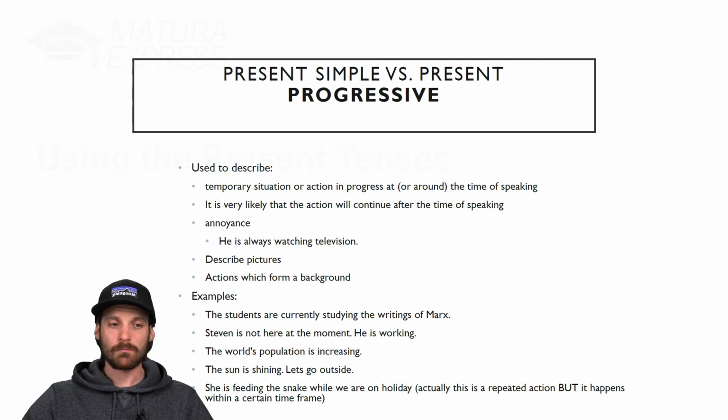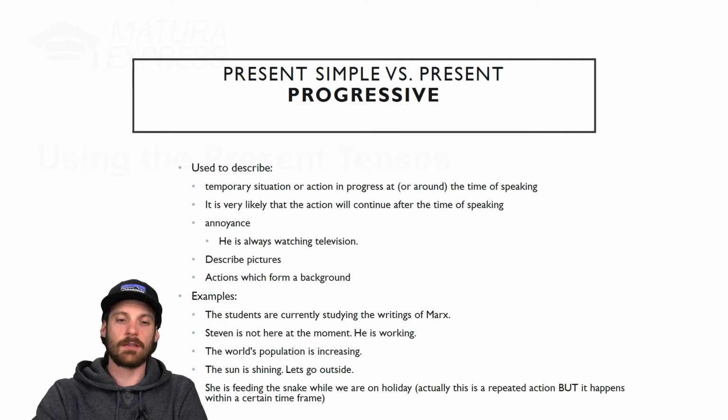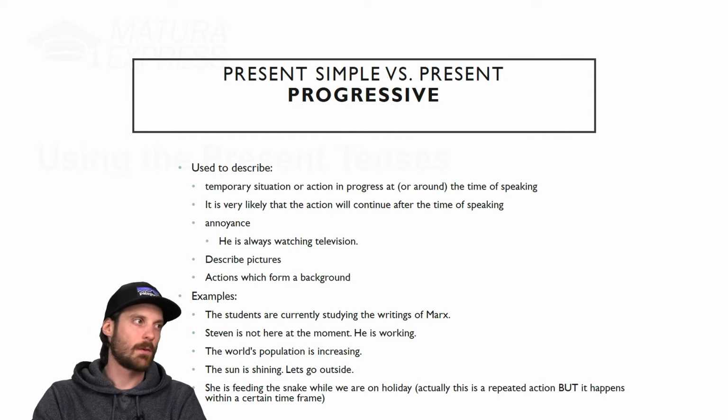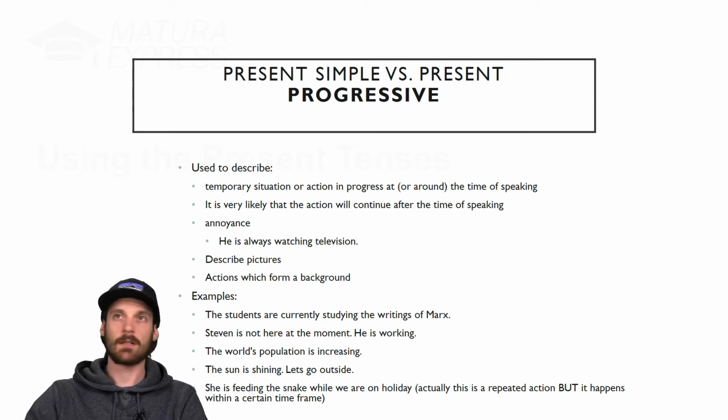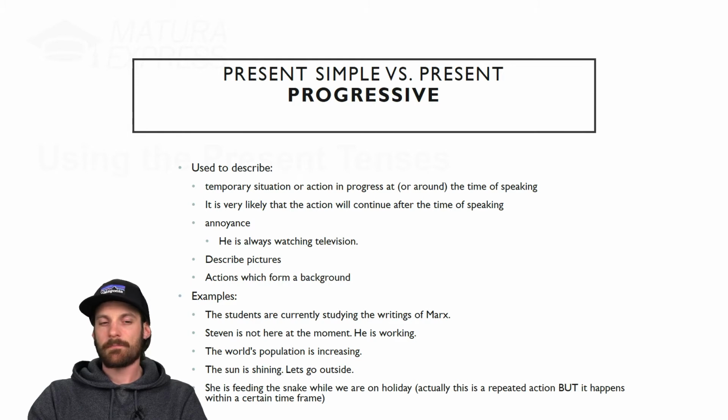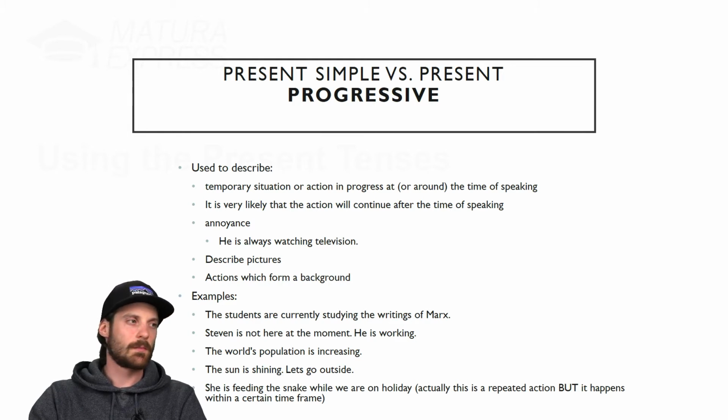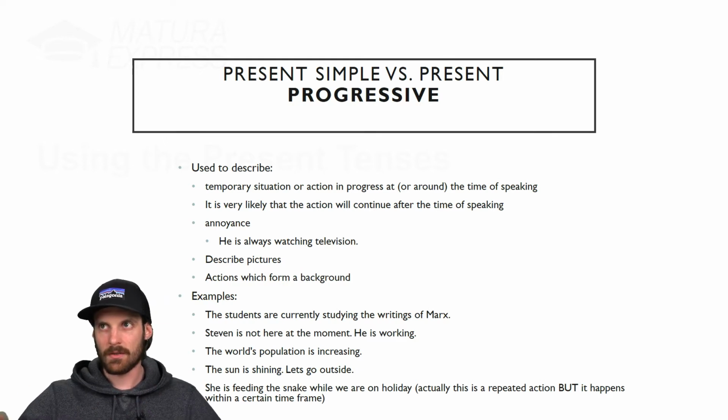In this case, you're using the verb watching with the ing form, progressive, continuous. You also use it to describe pictures. You actually can't see a picture right now, but the man standing at the front, or the woman sitting at the back, are used to describe it. Pictures, an easy way to remember.